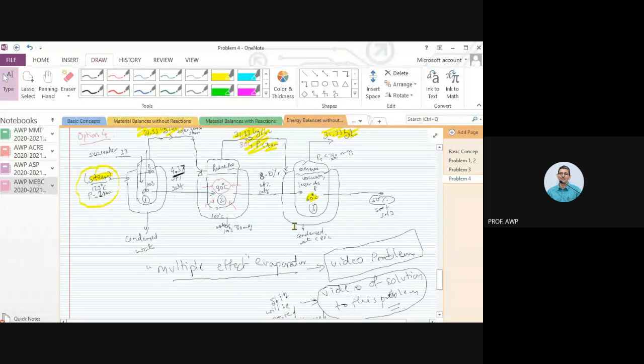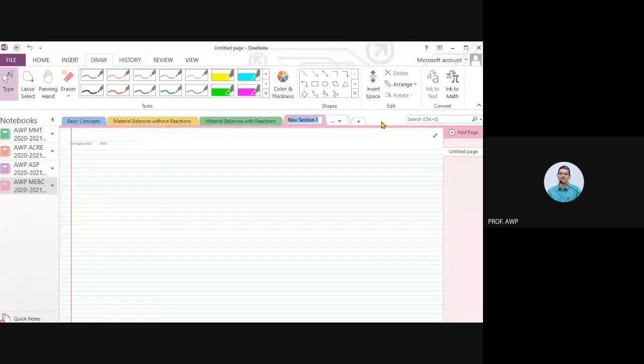Don't lose the effect of the classroom. Right. So now we will start looking at energy balances with reactions. Okay. We meet after 8 minutes.